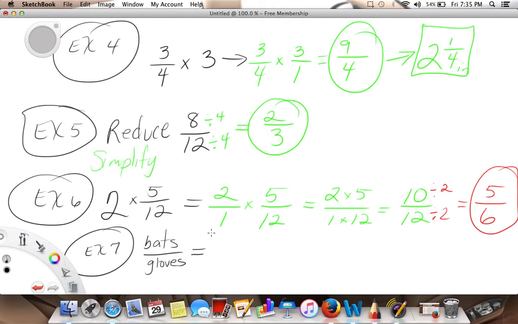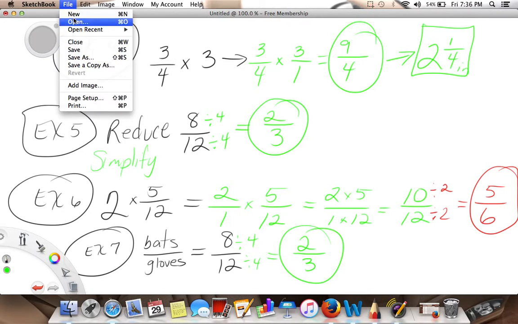So in this case, we have 8 over 12, and we must simplify that. We've definitely got to simplify. So we divide these by the greatest common factor of 4, and that gives us 8 divided by 4 gives us 2. 12 divided by 4 equals 3. So the ratio of bats to gloves is 2 to 3, or 2/3. Now, the next thing we're going to do is work on the practice set.